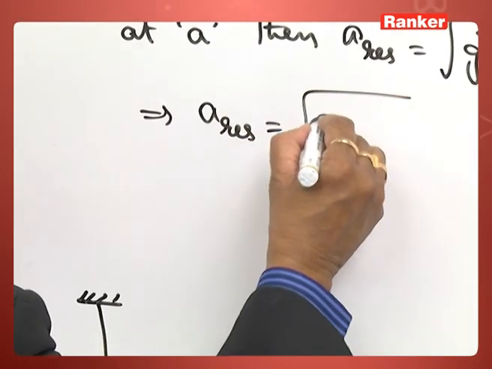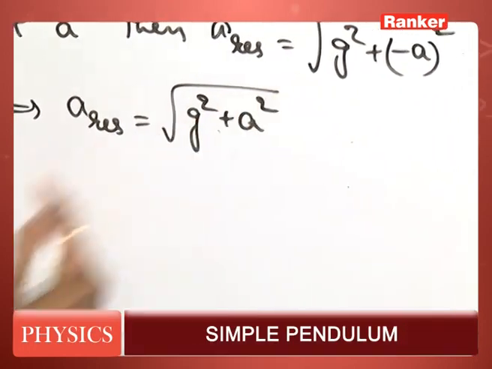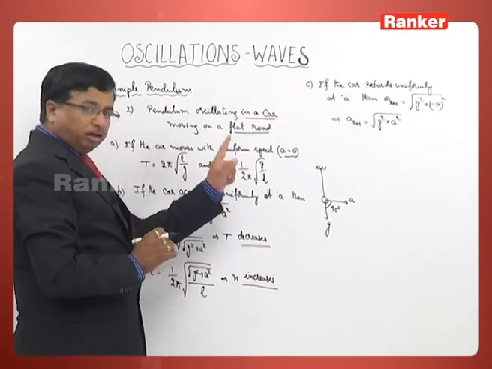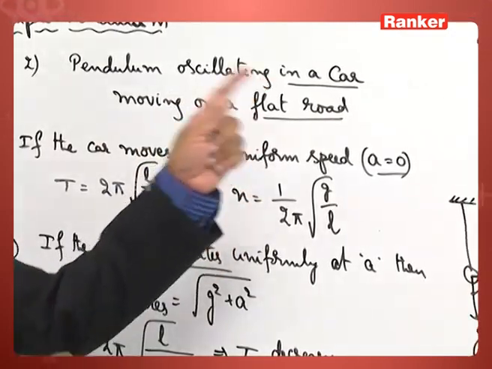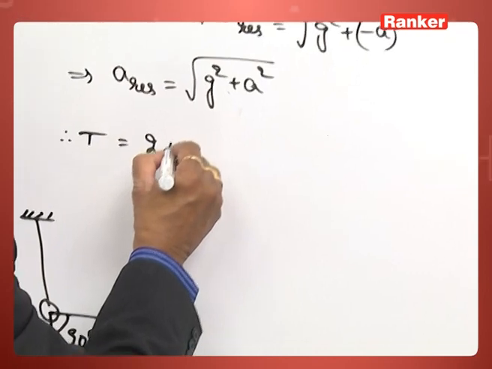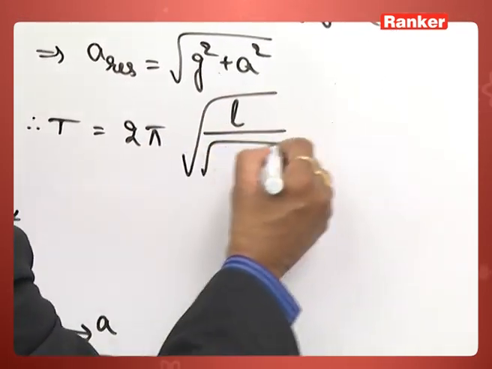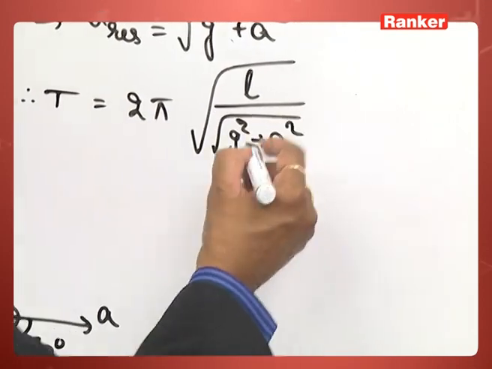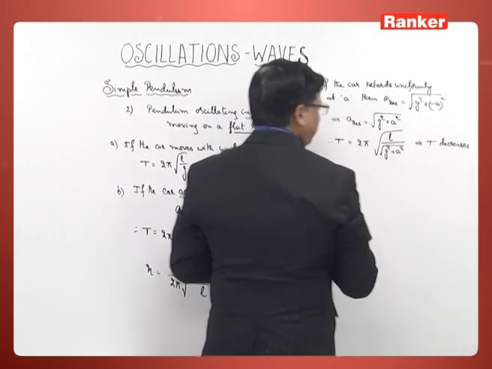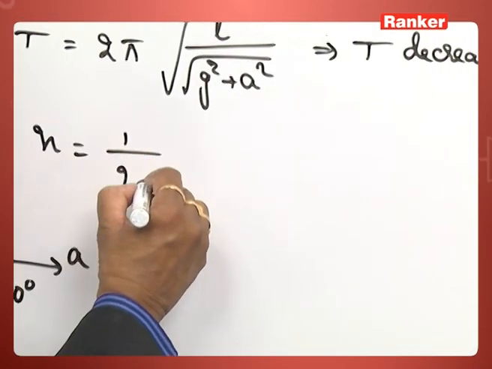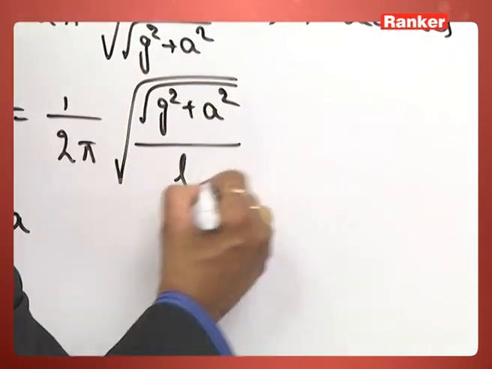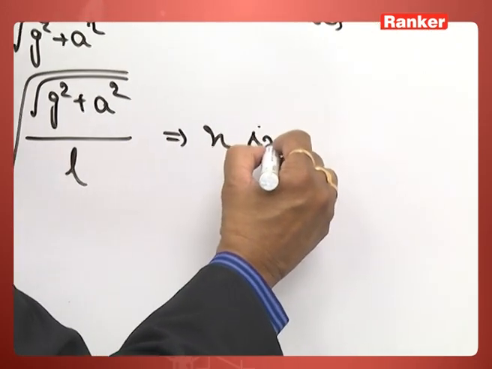Same as before, root under g square plus a square. So whether it accelerates or retards, in both cases the resultant will be the same. Therefore, the time period once again will be 2 pi under root L by root over g square plus a square, which means time period decreases. Coming to frequency, 1 by 2 pi under root over g square plus a square by L, which implies frequency increases.